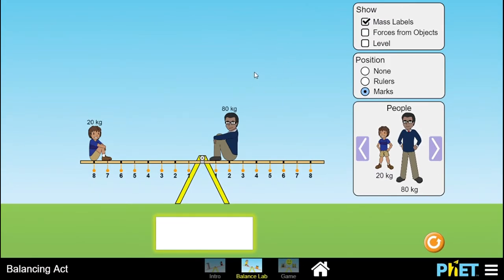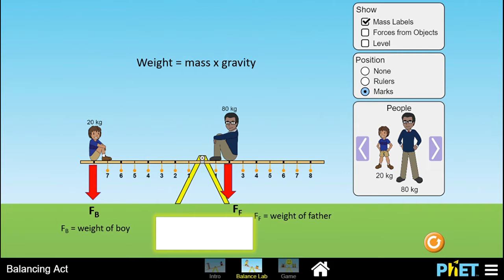Let's analyze the equilibrium condition for this seesaw. The masses of the boy and father produce a downward force called weight. We can calculate their weight using this equation. Weight equals mass multiplied by gravity.